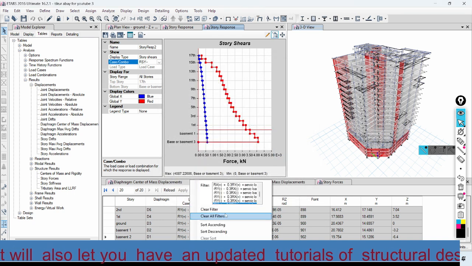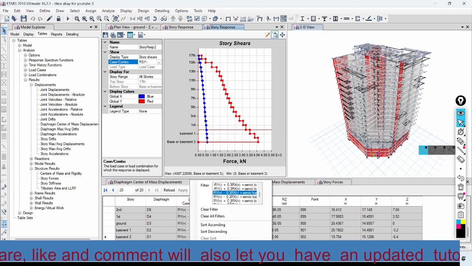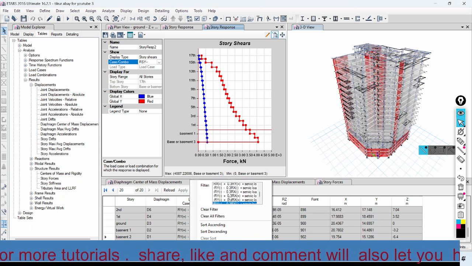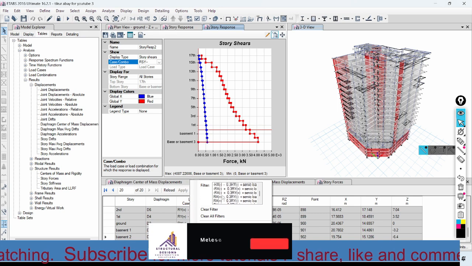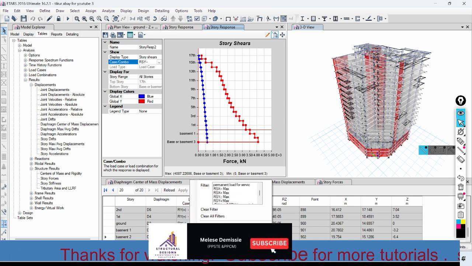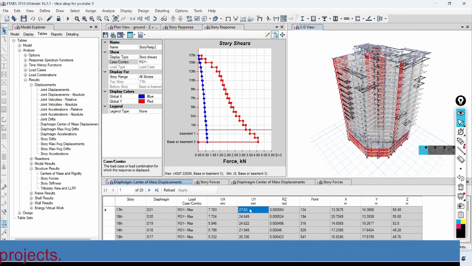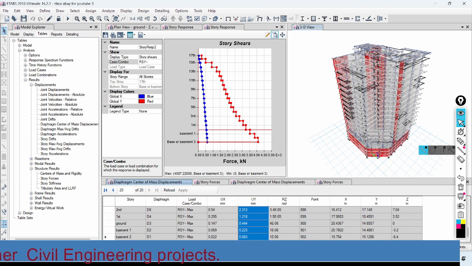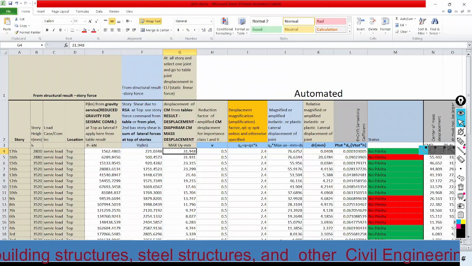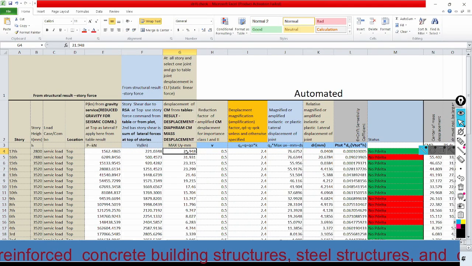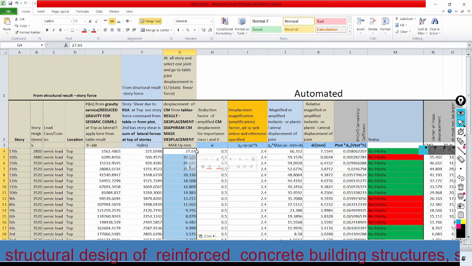That means the response spectrum in negative y direction, this one. So here I need to copy the displacement along y direction. Control C, then just copy this.